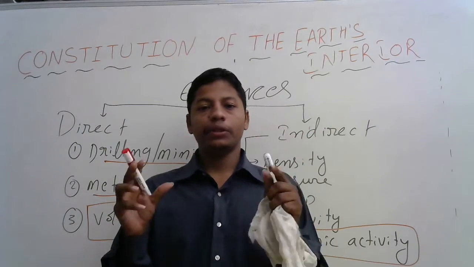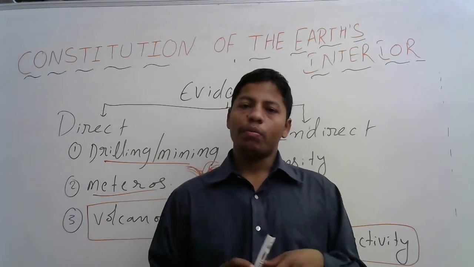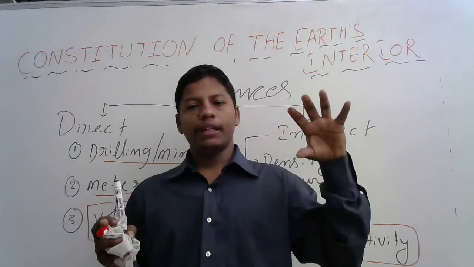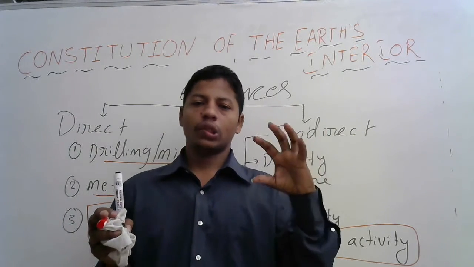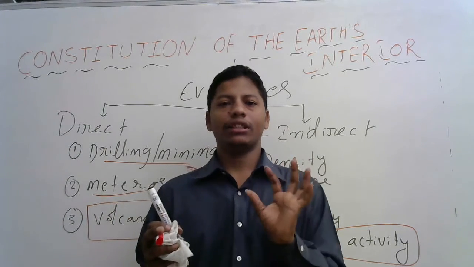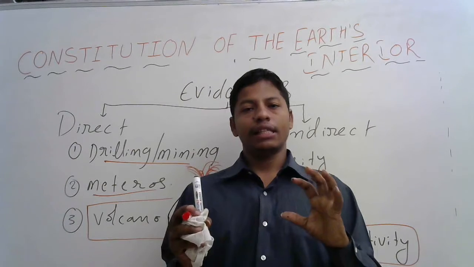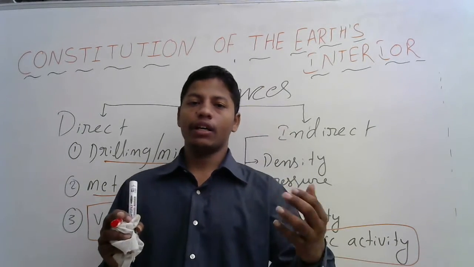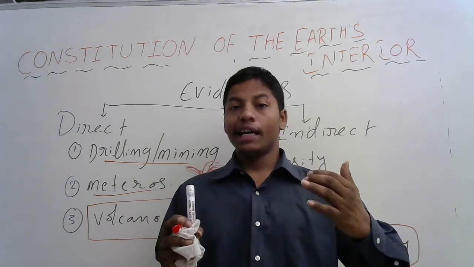Earth is a heterogeneous layer. What is a homogeneous layer? Homogeneous means the complete earth is in solid state. But the earth contains some liquid or semi-solid layer in its interior.